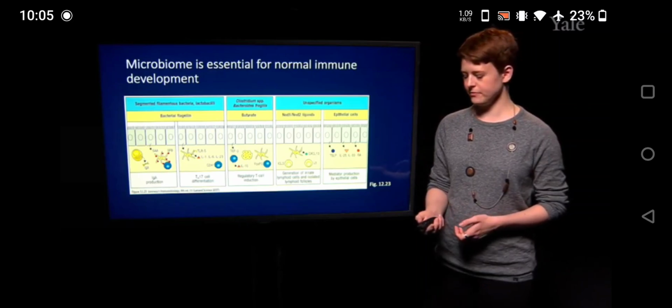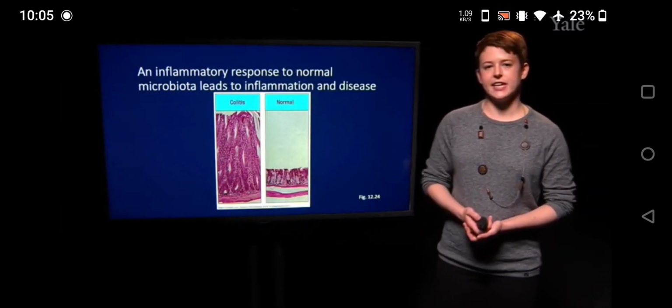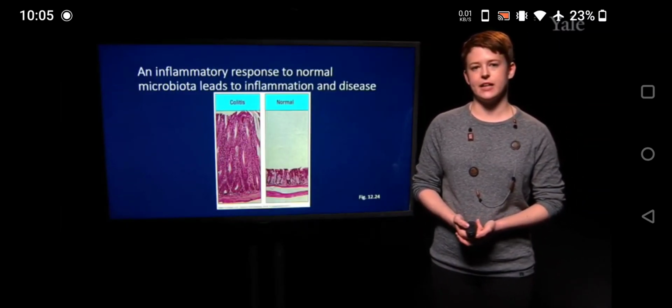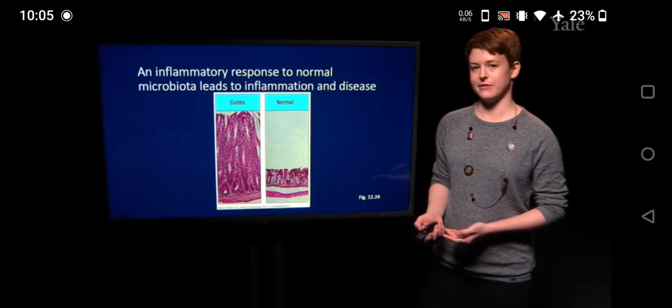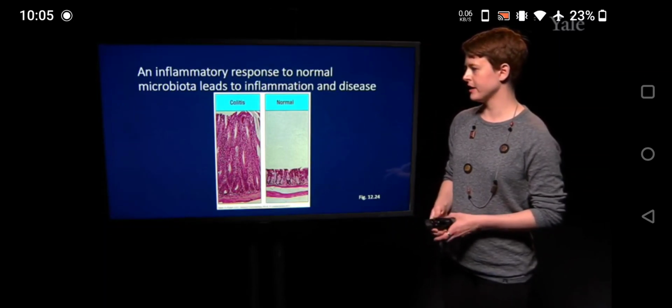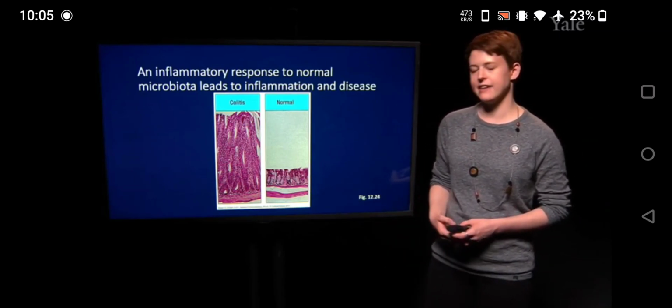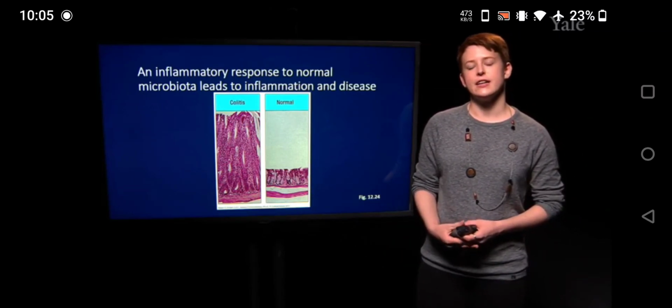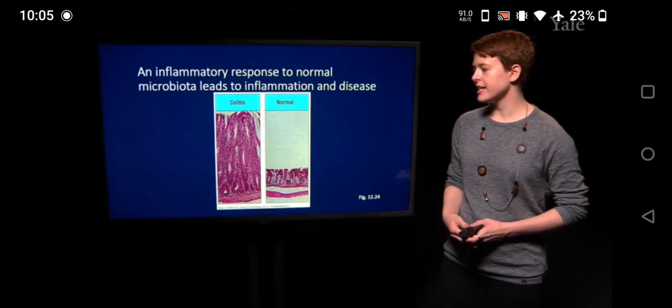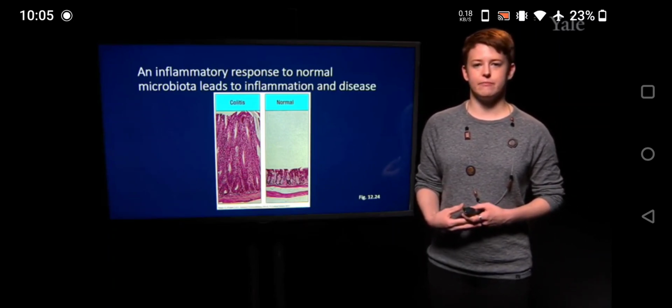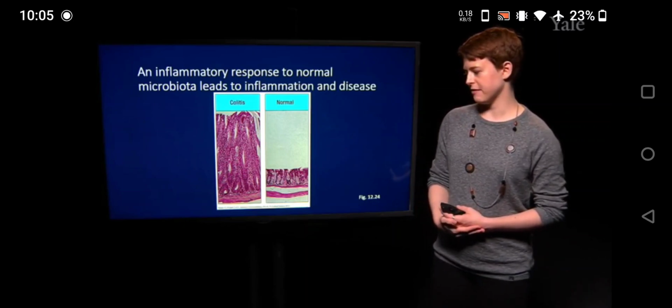So this figure shows a really good example of the inflammatory response when it gets out of control. On the right here, we can see normal tissue, and on the left, we can see tissue in a patient with colitis. And you can see just how much thicker and inflamed that tissue is in the colitis patient.